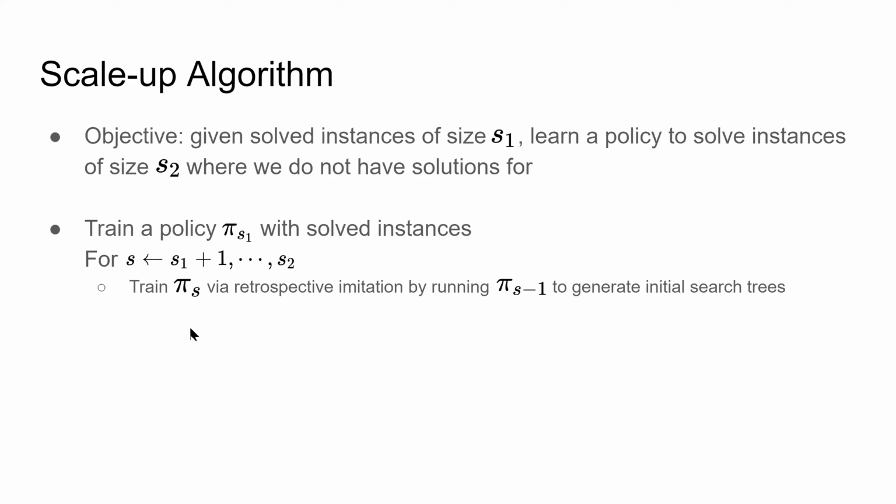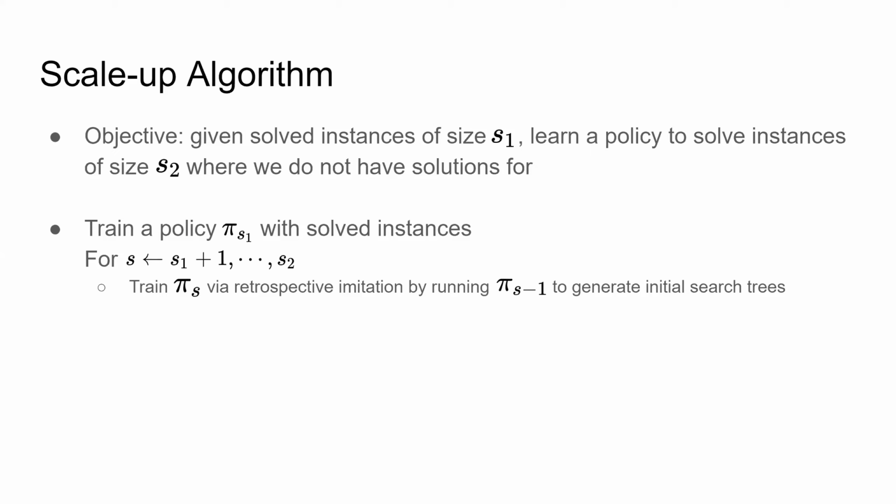So we can just start by applying the previous algorithm on size S1, where we have solutions, to train an initial policy. And then we iteratively scale up the size, one by one. So we can train given the new size by running the policy trained on the previous size to generate initial search trees.